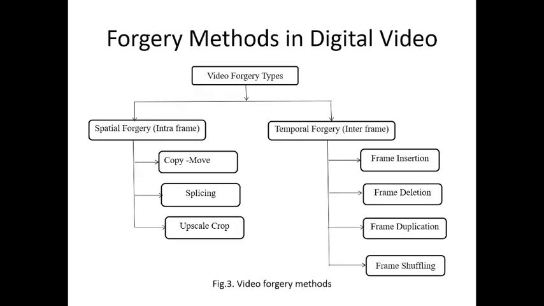Further, there are various forgery methods in digital video, which are spatial forgery and temporal forgery. Spatial forgery is also known as intraframe forgery. This form of manipulation involves altering the visual elements of a video frame along the XY axis.